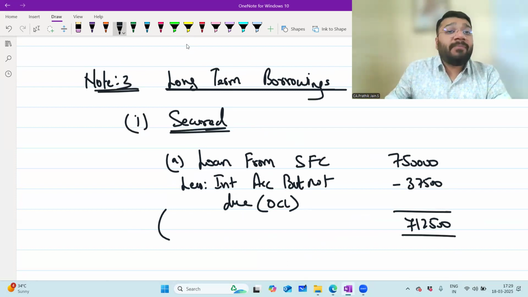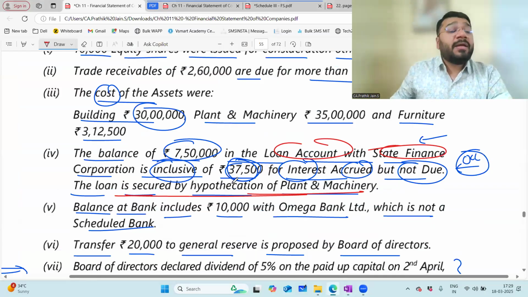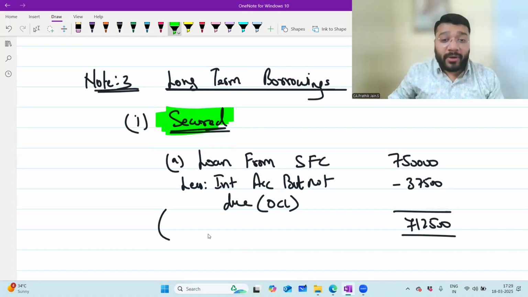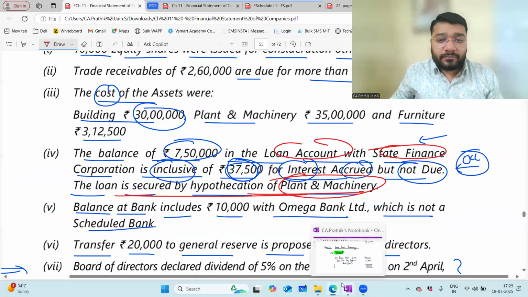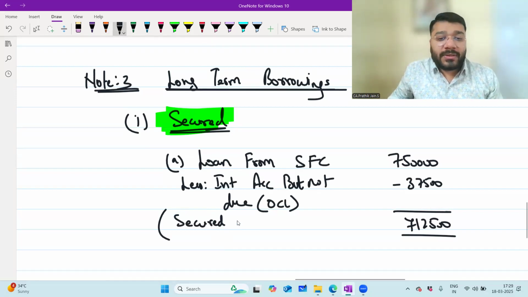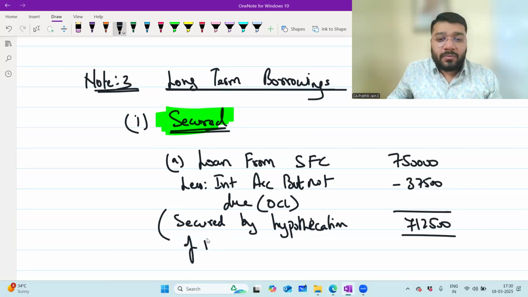Because guys, though you have put secured, some people think that, sir, here I have put secured. No. So do I need to give the description? Yes, because you have to tell me this is secured against which asset. So under the secured category you're writing this, but under that, this is hypothecated against which asset. That disclosure is important. Secured by hypothecation of plant and machinery.